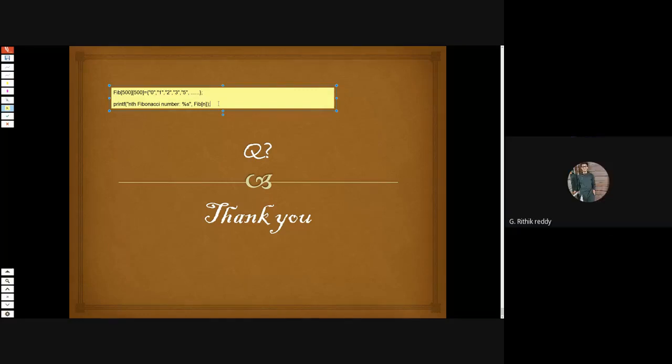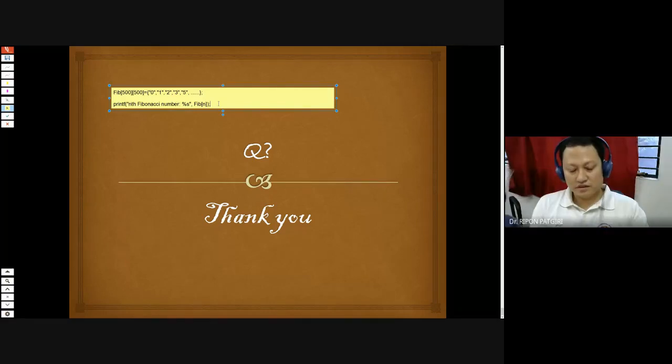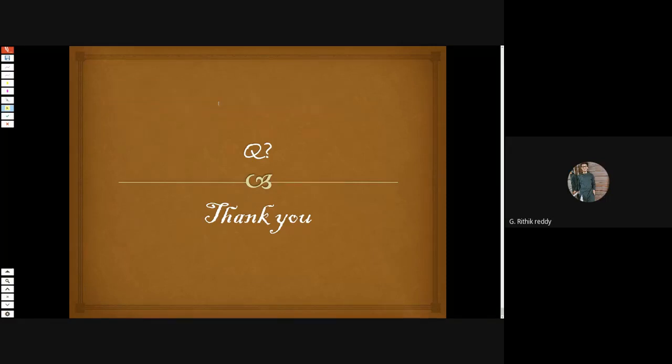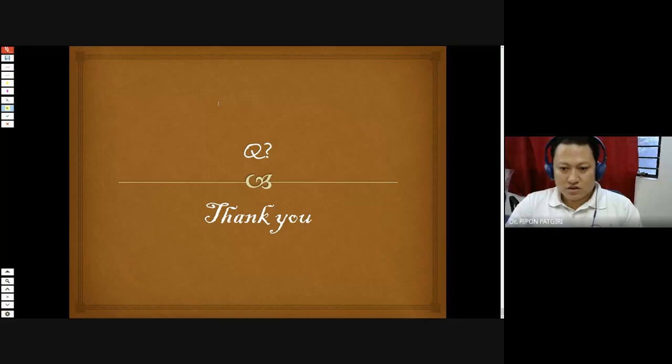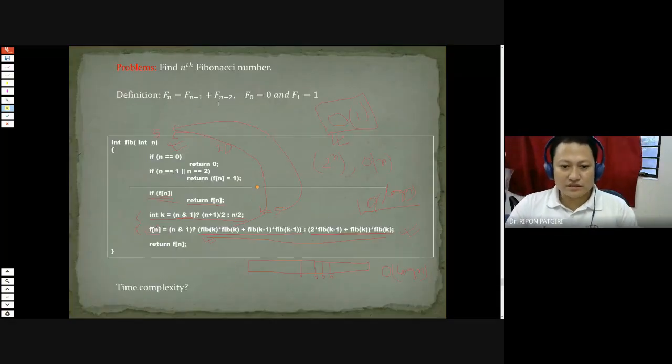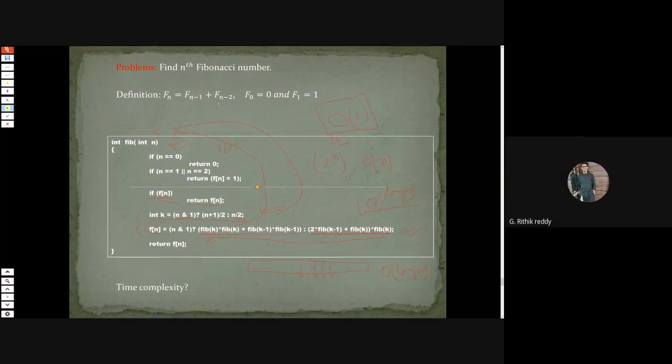Sir, can you explain the time complexity Big O of log n once again? Yes.